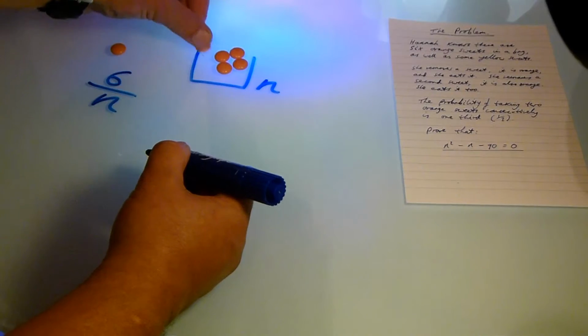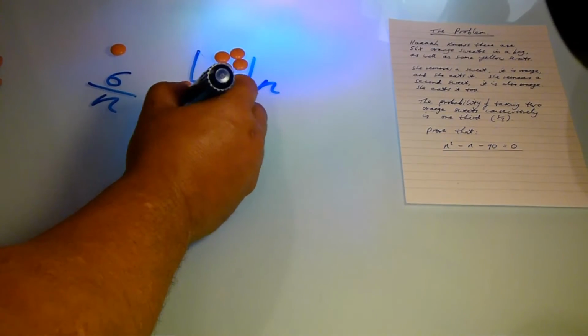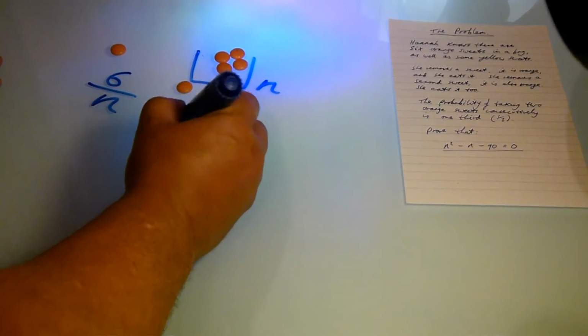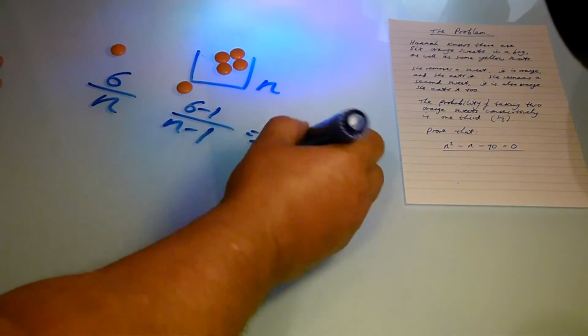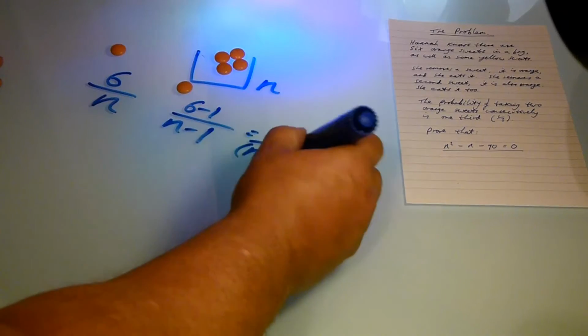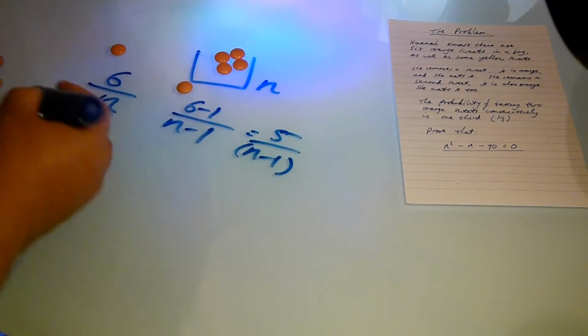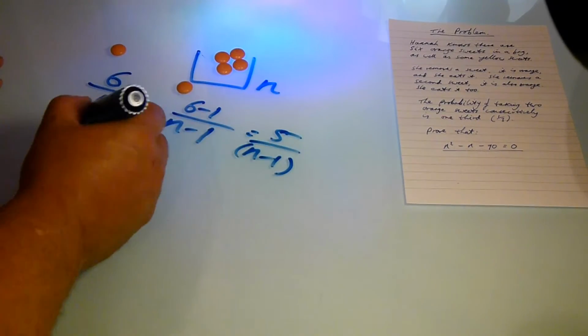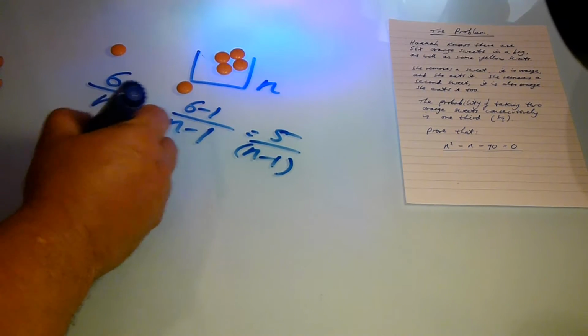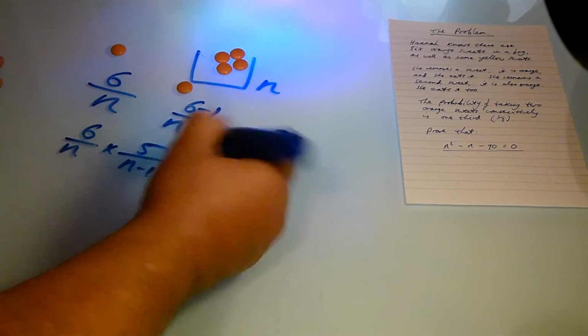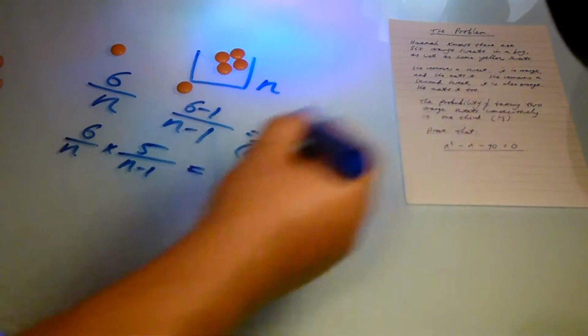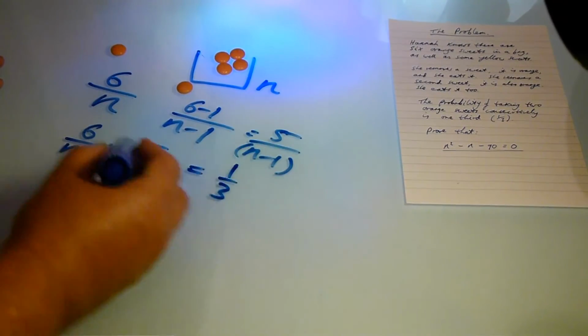The probability of taking a second orange is 6 minus 1 over n minus 1. 6 minus 1 equals 5. N minus 1 we can leave as it is. But the probability of getting those 2 in a row is to multiply them. So we have 6 over n times 5 over n minus 1, and we are told in the question that that equals 1 over 3.